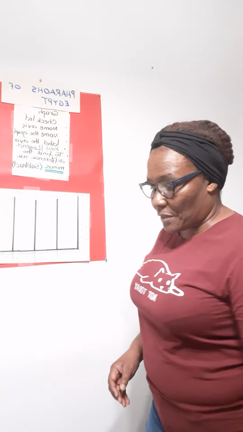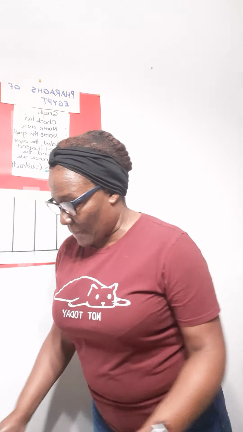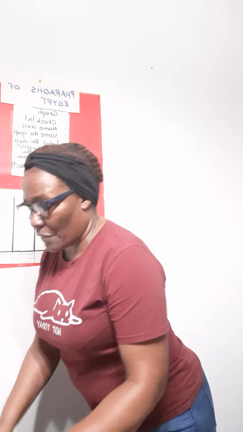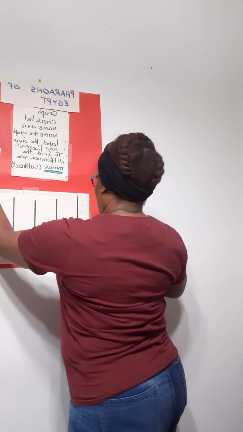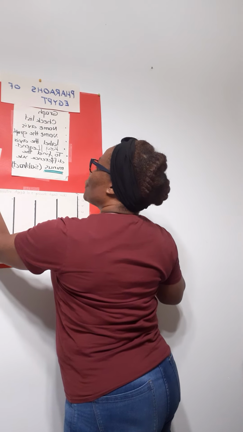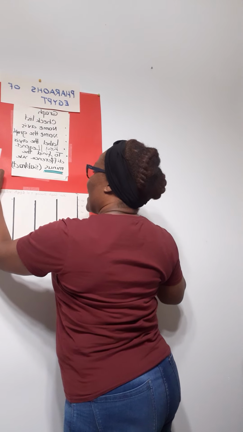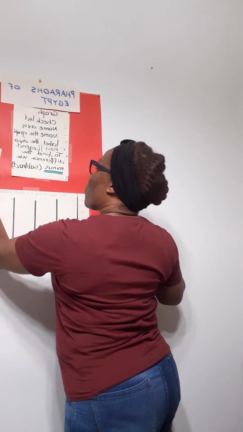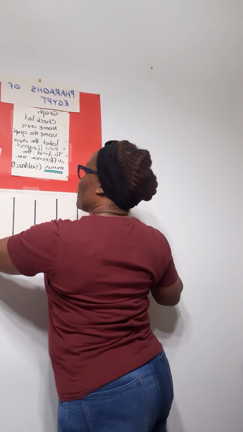Now I am going to be doing my subtraction on the board for you to see. So it is going to be 1279, and from that we are going to take 1213.